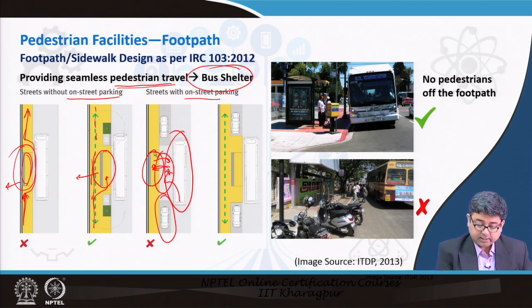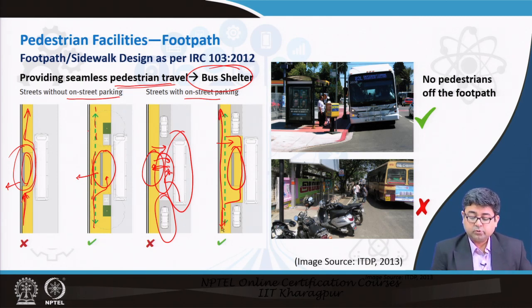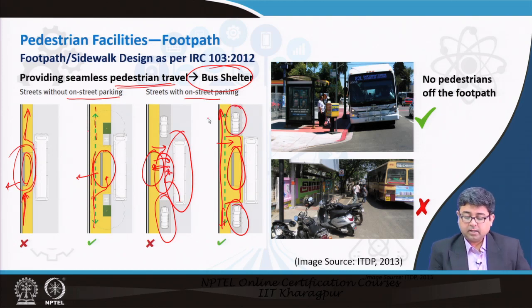So, instead this sidewalk has to be extended outward, and a bus shelter provided. It still remains a through access for pedestrians who do not want to access the bus, and then there is parking alongside, right. This situation should be avoided, because the bus is not coming all the way here, or the bus shelter has not been extended all the way here.